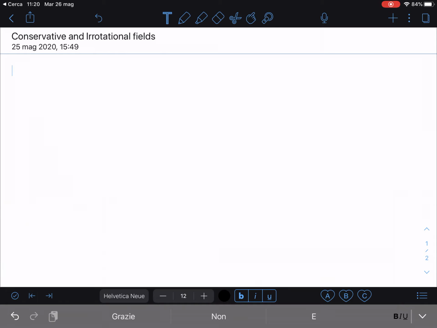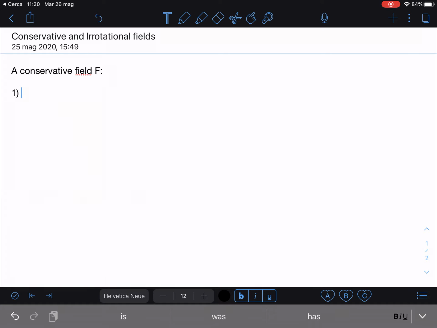So let's start with what we saw yesterday. A conservative field F has three features.